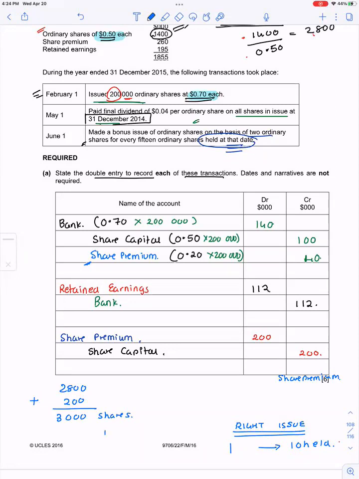And then you did bonus shares, bonus issue of 400 shares. So total shares held was 3,400.